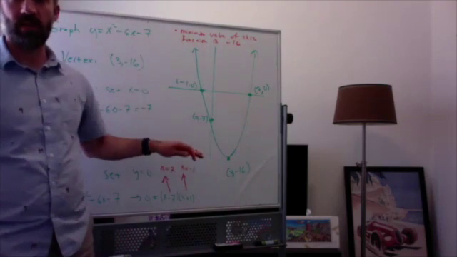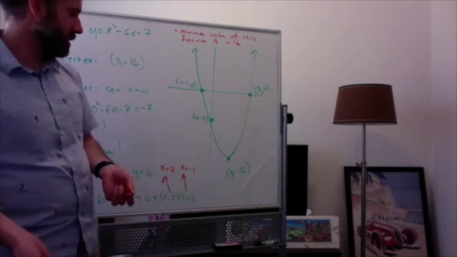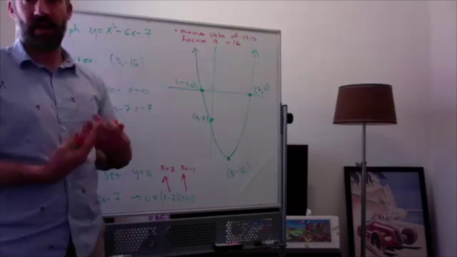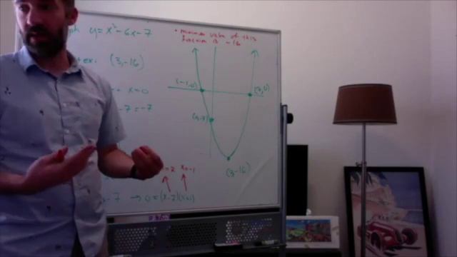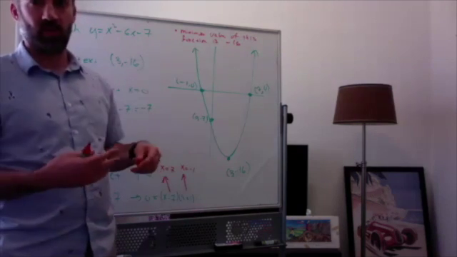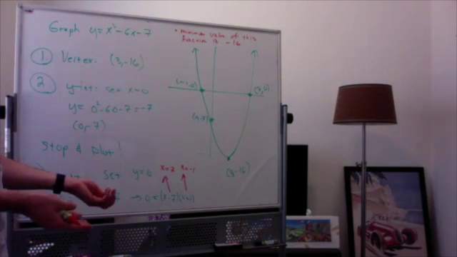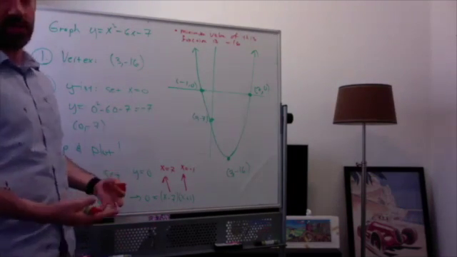That is the smallest value that the output can be. I would also say the minimum value of this function occurs at x equal to 3. So when you're talking about where a point is or what a point is, the where is the x value and the actual value is the y value. So if I say where is the minimum, the answer is at 3. If I say what is the minimum, the answer is negative 16.